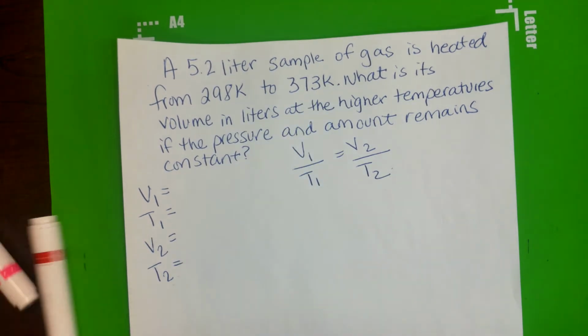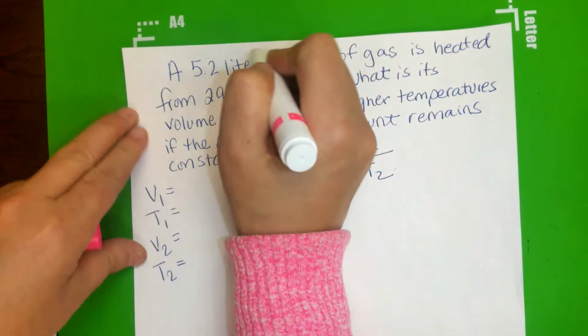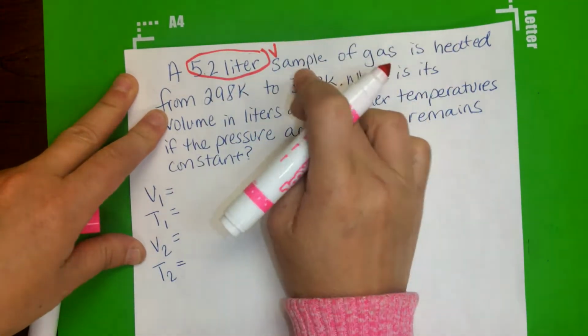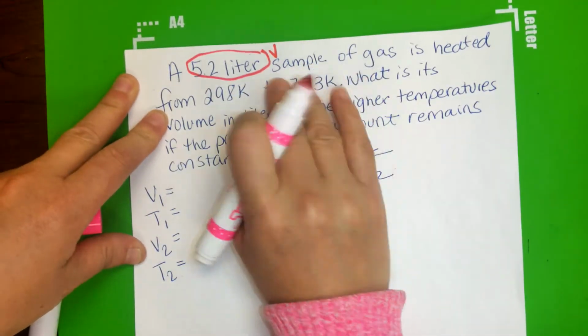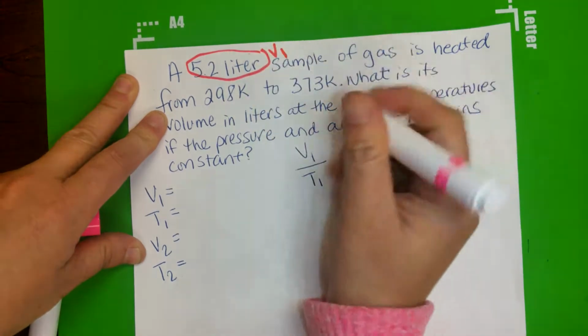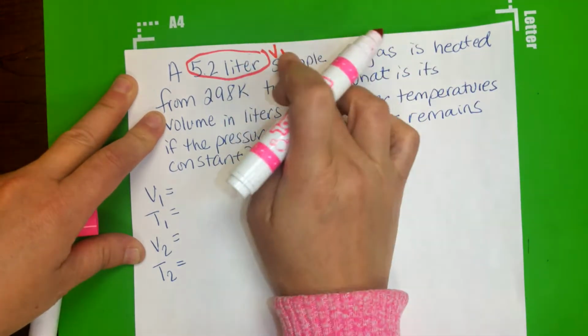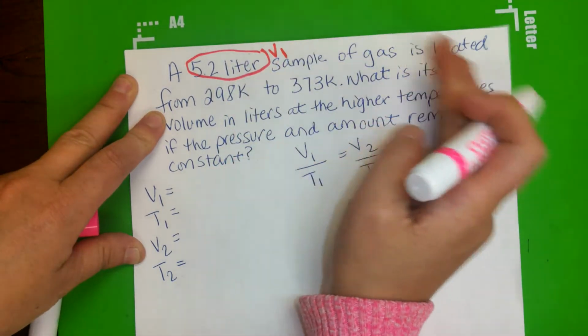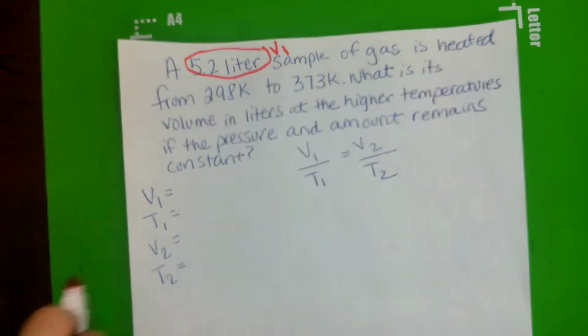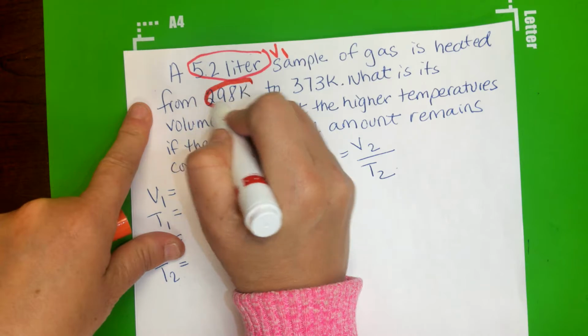Okay, so right off the bat, we know that this is the initial because this is the sample, this is the beginning. They're talking about how they have this much, so this will be your initial volume, and we know it's volume because it's liters. This one should be temperature.